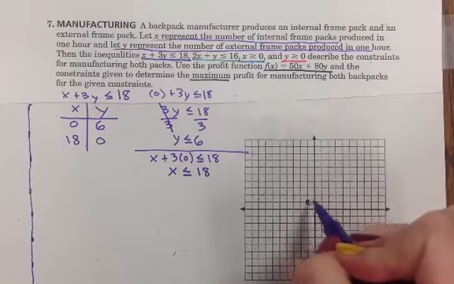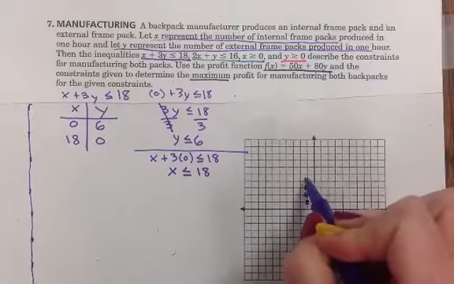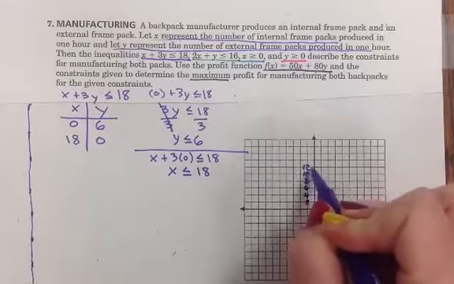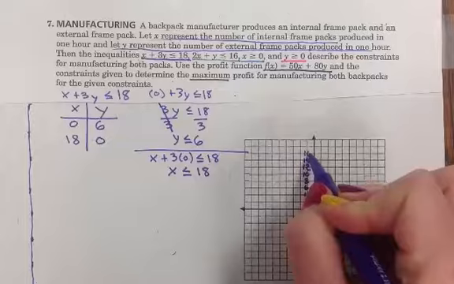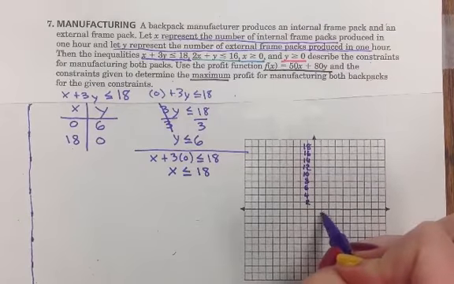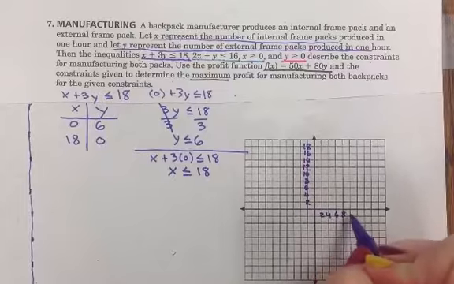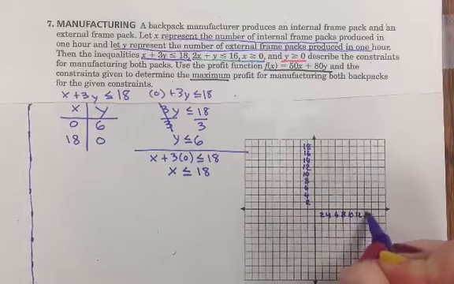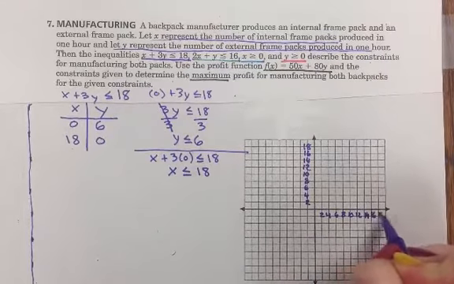So this is going to be 2, 4, 6, 8, 10, 12, 14, 16, 18. And on our x-axis, 2, 4, 6, 8, 10, 12, 14, 16, and 18.